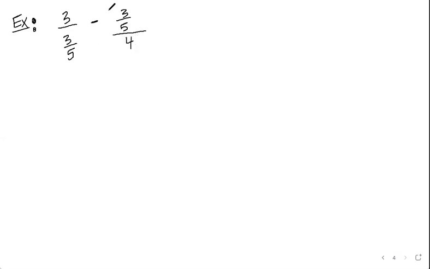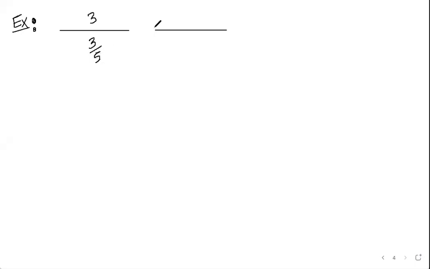How can we do something like this? Okay, let me write it again. So I have two fractions. First fraction, we have 3 over 5. Second, we have subtraction, and we subtract 3 over 5 divided by 4.